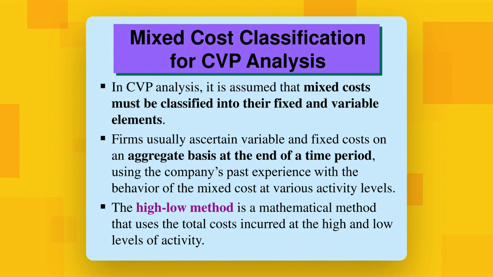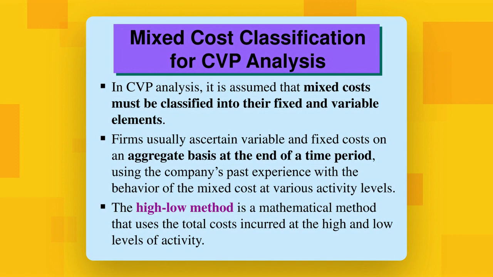That's why here, class, very important are the methods on how you will classify or separate your variable cost per unit and your total fixed cost. So one example is known as the high-low method.